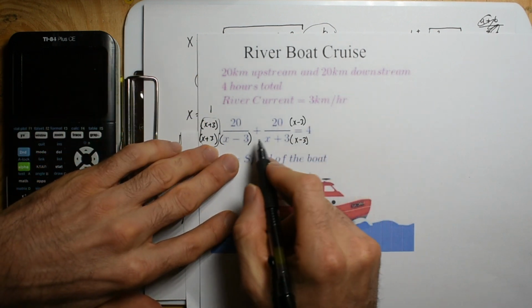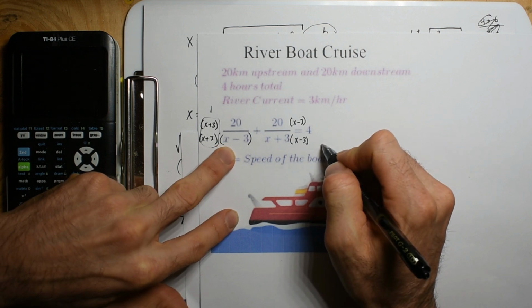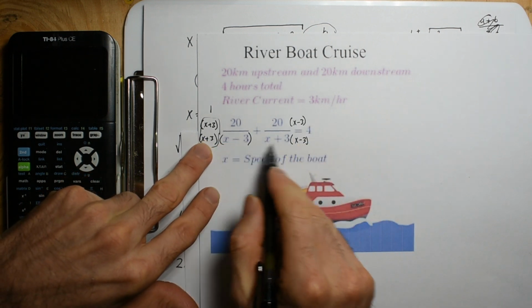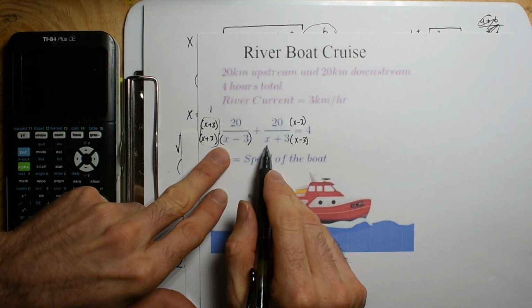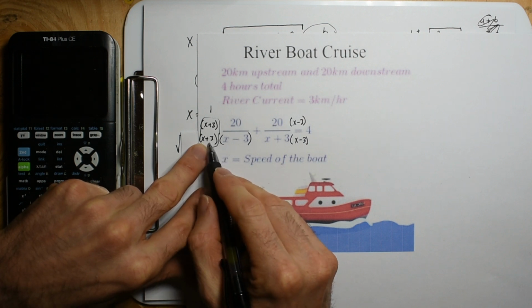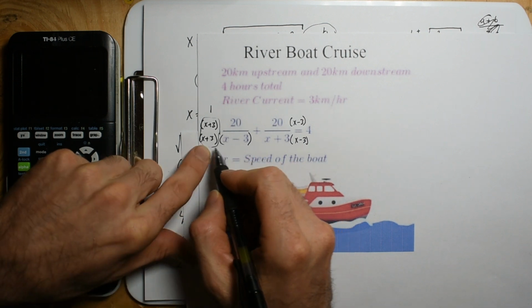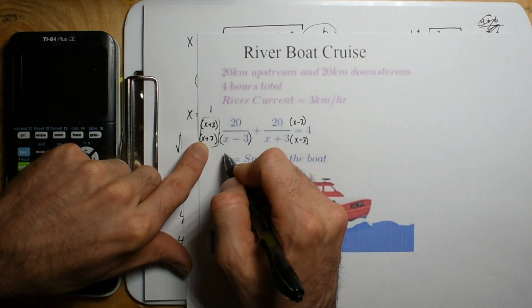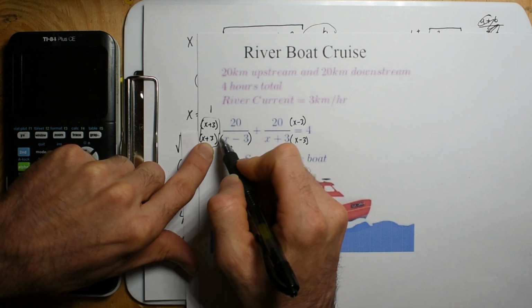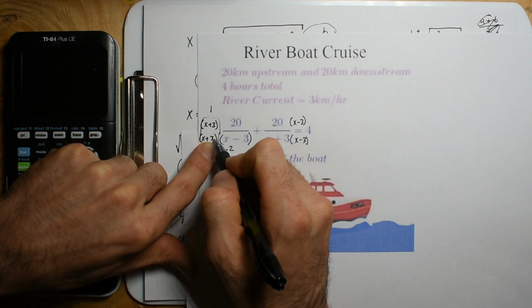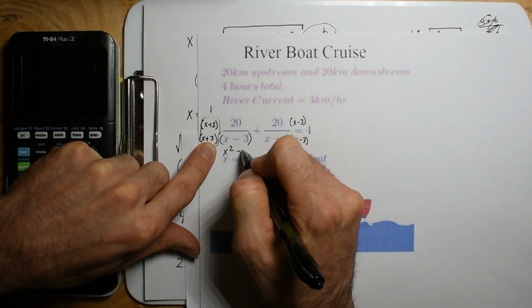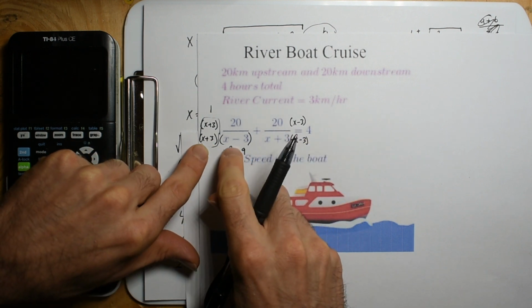So now downstairs, the denominator is going to be the same. x times x is x squared. And then I like to do these next. 3 times negative 3 is going to be negative 9. And then do the other two.